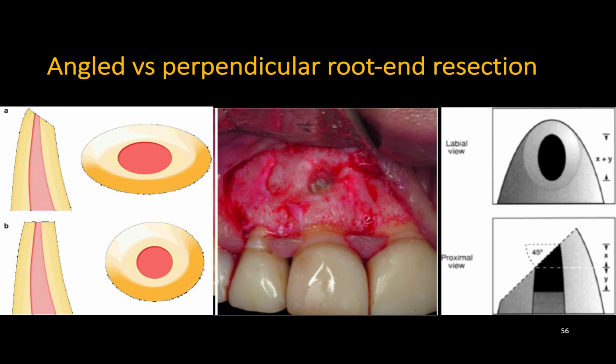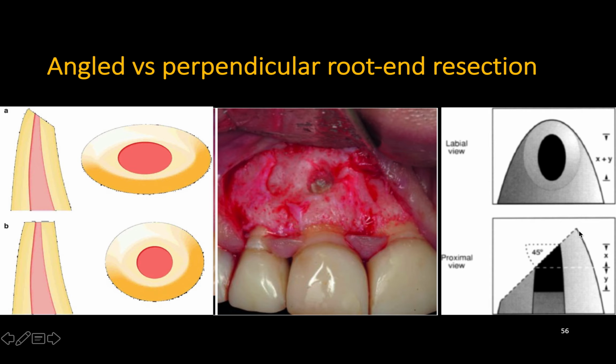So from a biologic perspective, the most appropriate angle of root end resection is perpendicular to the long axis of the tooth, and this is needed because the probability of irritants from within the root canal system that will gain access to the healing tissue will increase if we increase the angle of resection, okay?